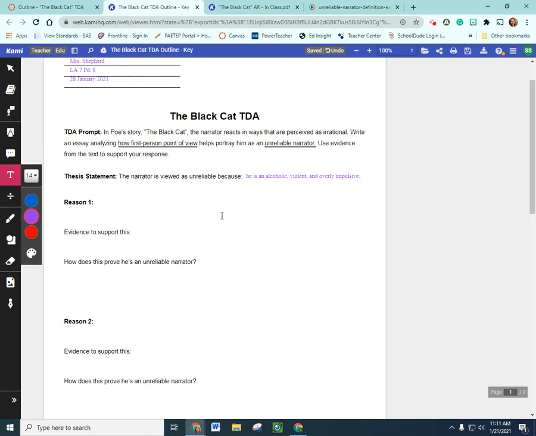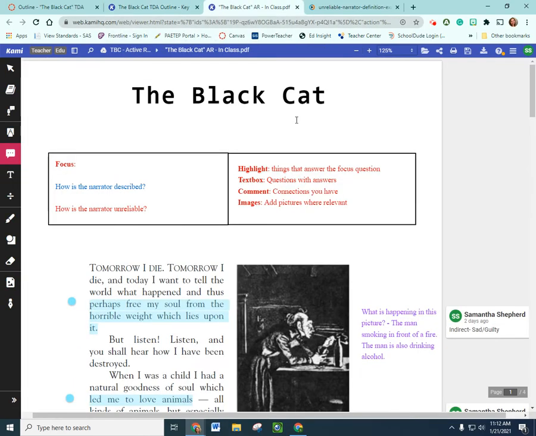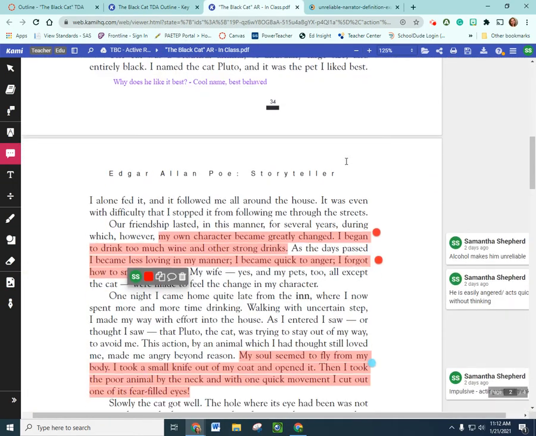Let's go ahead and break these reasons down that we just came up with. Reason 1, he's an alcoholic. Now we need to come up with evidence to support this. We can look back in our active read because we highlighted things.